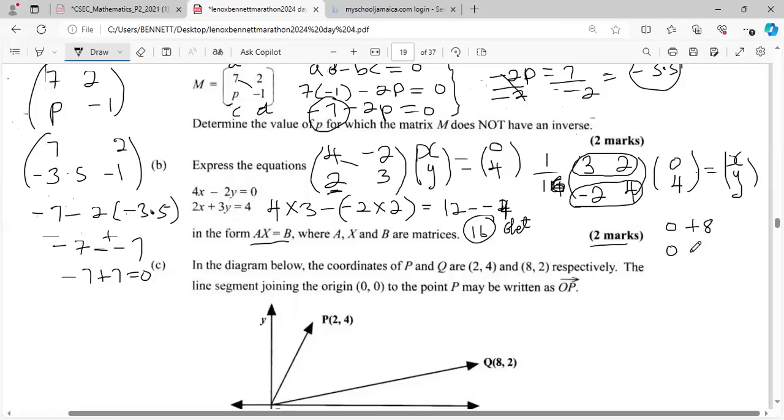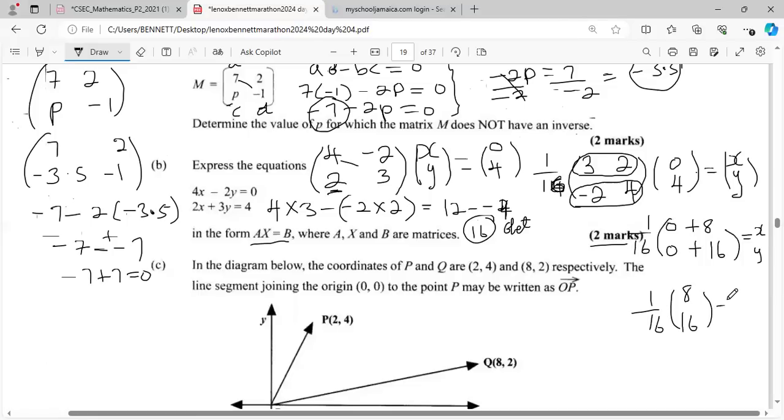And then 4 times 4, 16. So it is actually correct for the first part. And then of course we worked out 0 plus 8, that's 8. 0 plus 16, 16. So that means a half. X is going to be a half and Y is going to be 1.